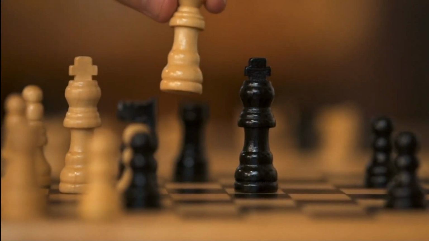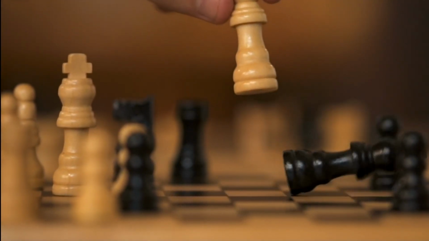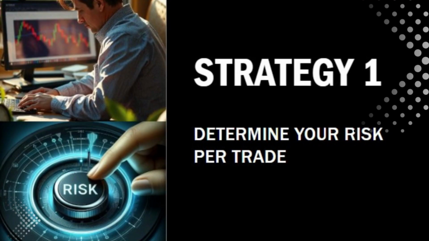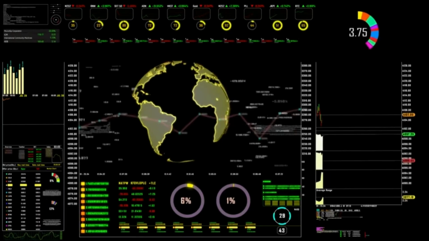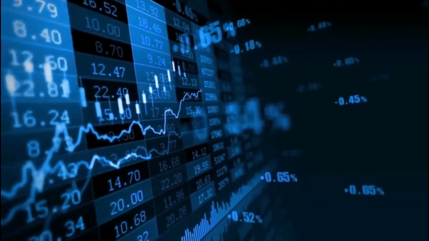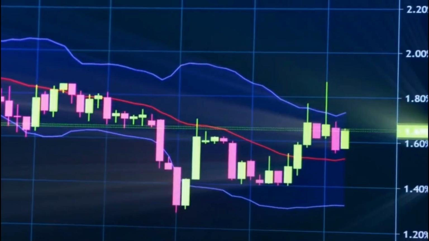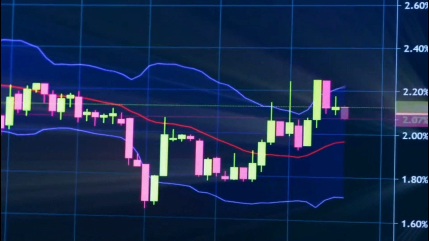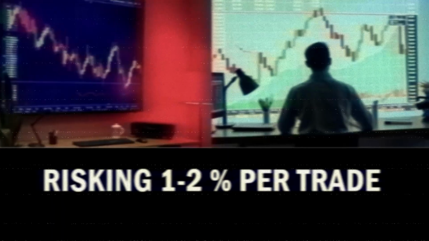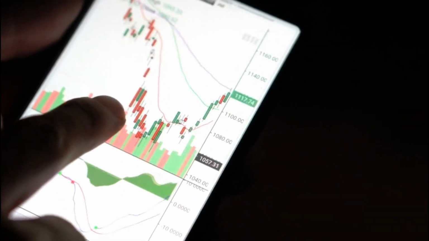So let's talk about the key strategies to keep you in the game. Strategy number 1, determine your risk per trade. Just like any other market, you need to define how much you're willing to risk on each trade. A common rule of thumb is to risk no more than 1 to 2% of your trading capital on a single position.